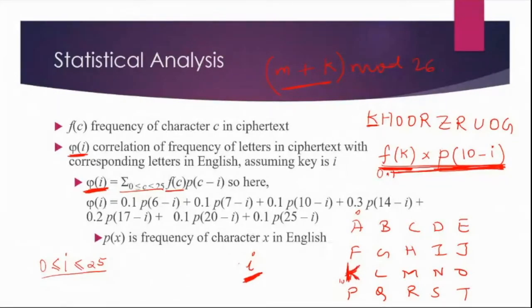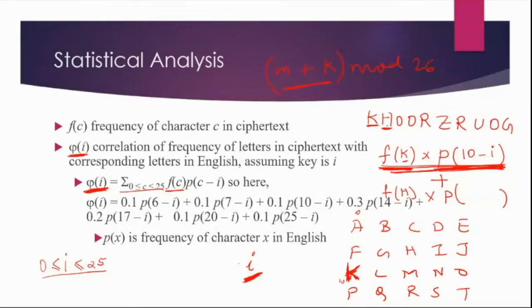What is K? K is 10. If you minus I from 10, then you will get the corresponding letter of K in English. And the same goes with each and every character. So we will add the same correlation for H: the frequency of H in the ciphertext multiplied by the frequency of the corresponding character in English.